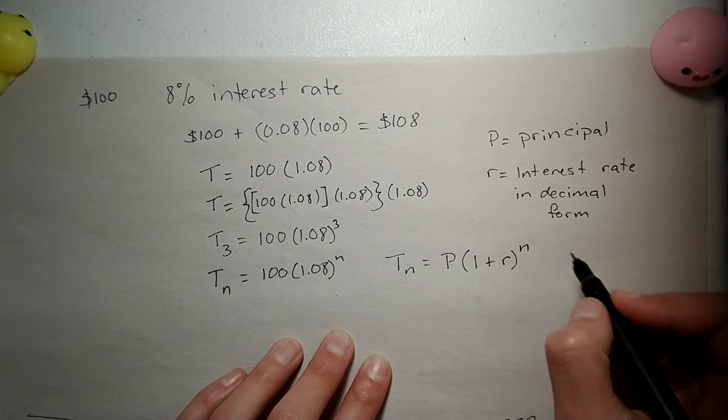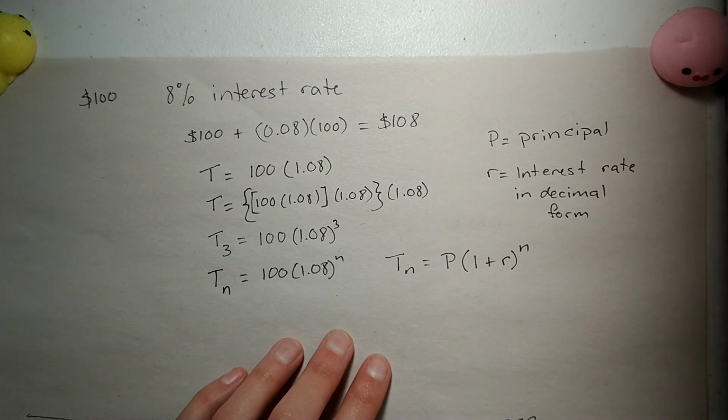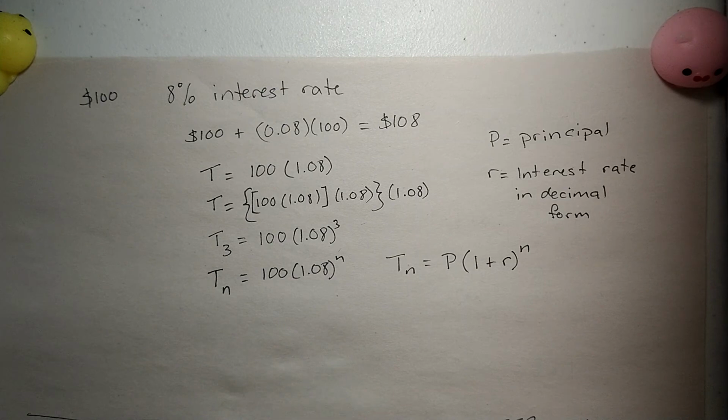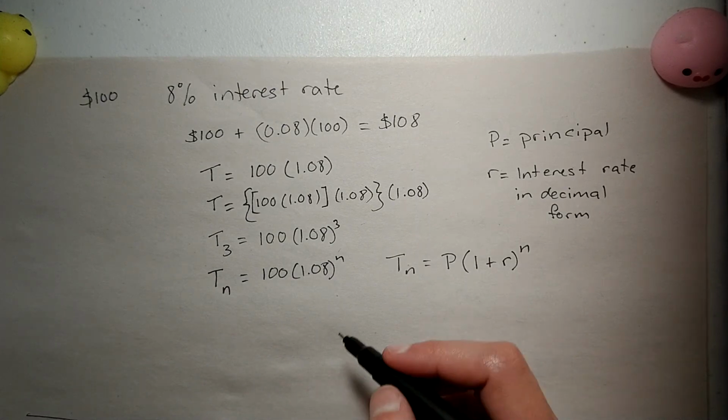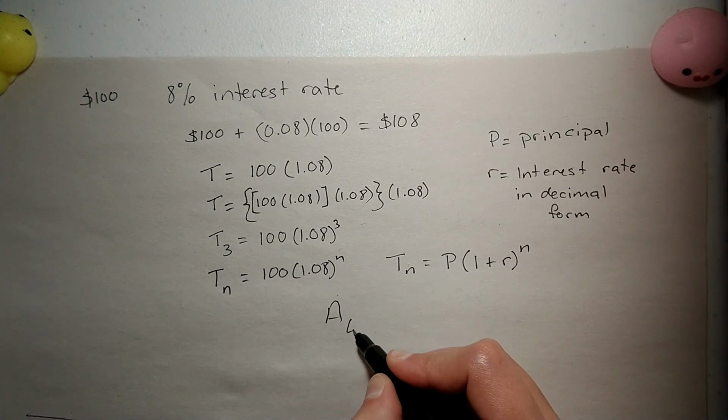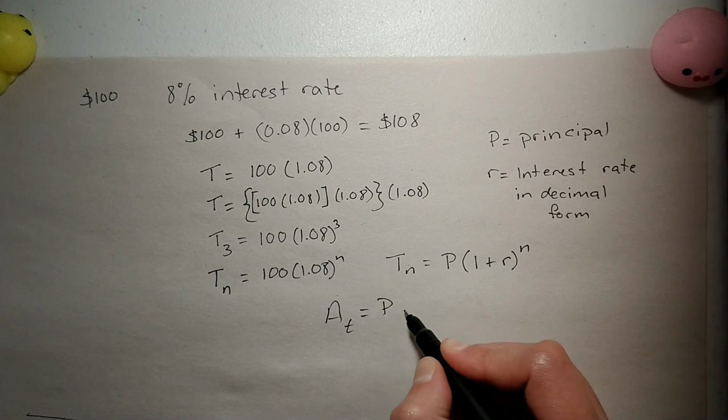And n is the number of years. So in the exponential form that we used earlier, it would be written as this.